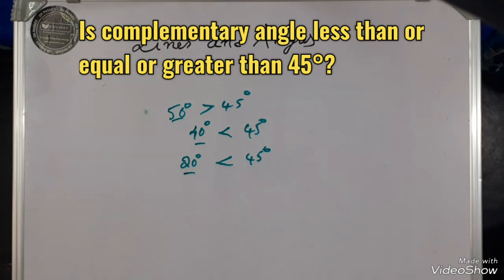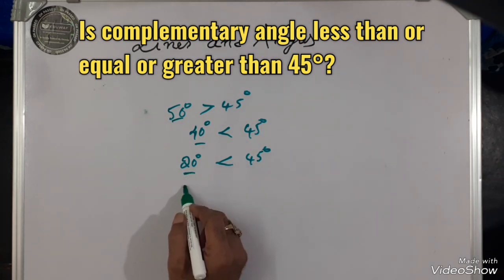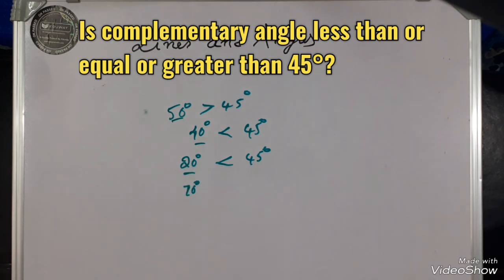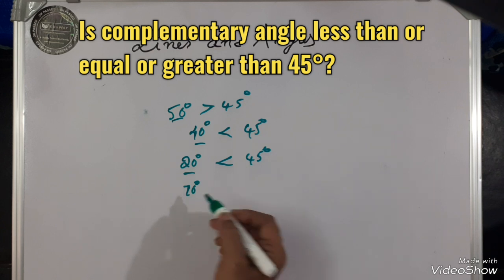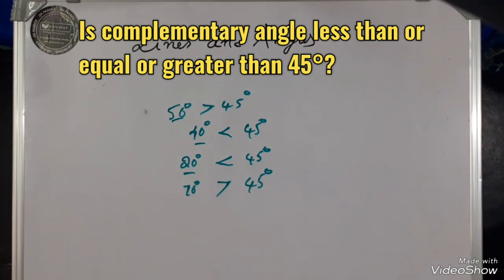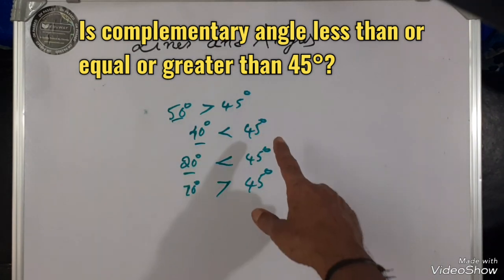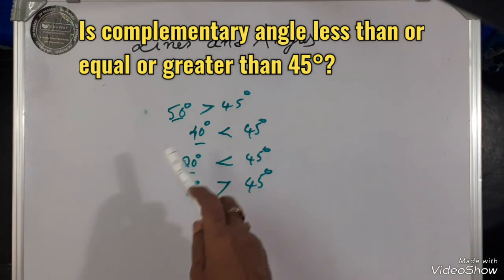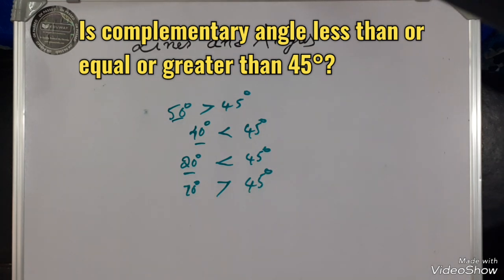What is the complementary angle of 20 degrees? 70 degrees. So it is greater than 45 degrees. So remember this relation. Is it clear? When one angle is greater than 45, its complementary is less than 45. When one angle is less than 45, its complementary is greater than 45.